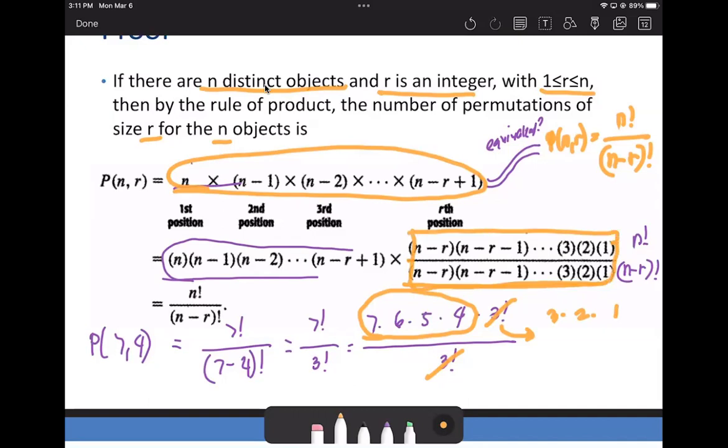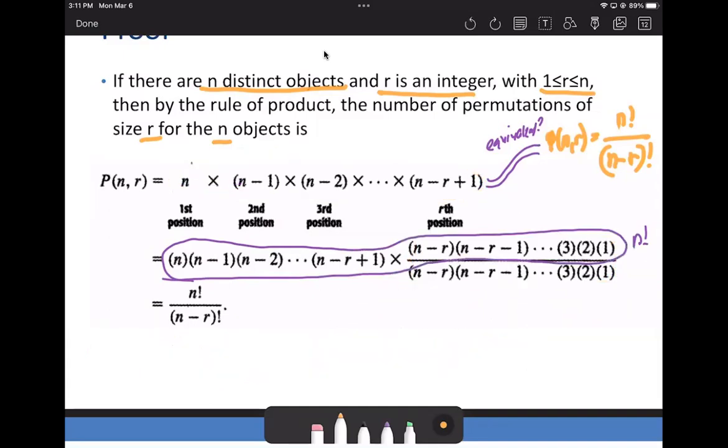This is the 3 factorial as well as the 3 factorial that was cancelled. Did you get it? Or is it a bit difficult to get?